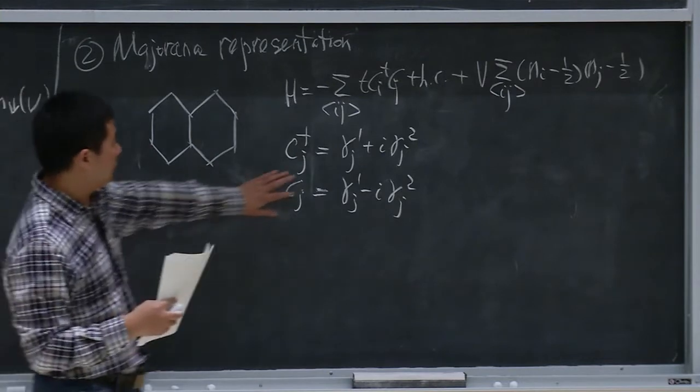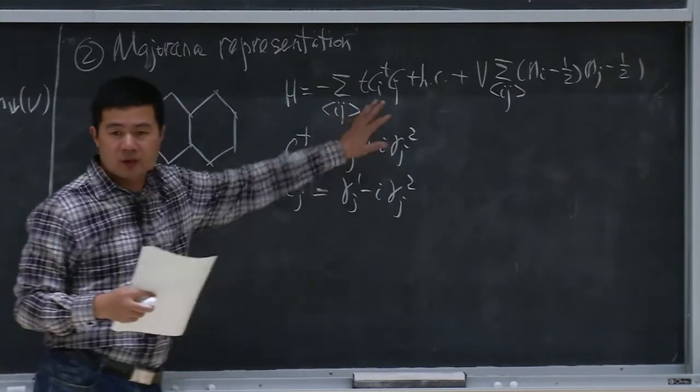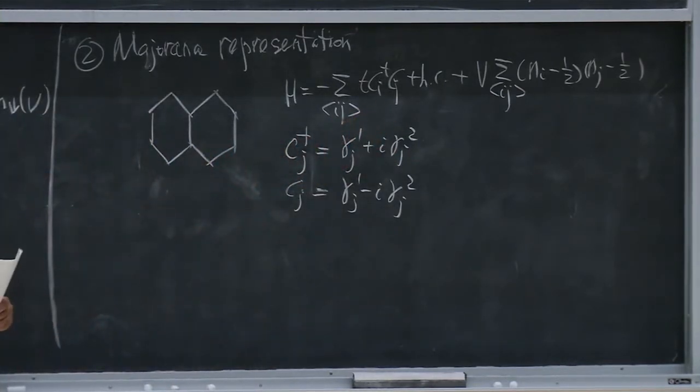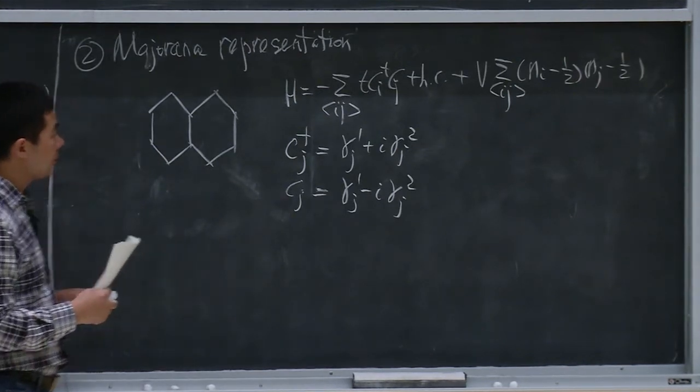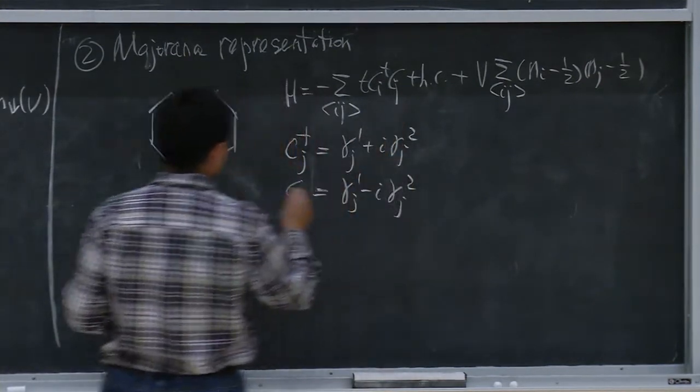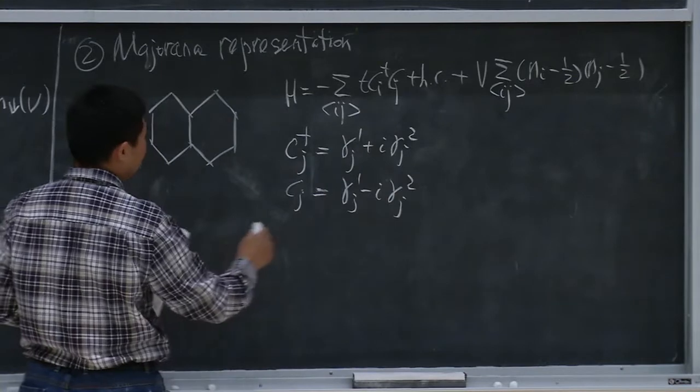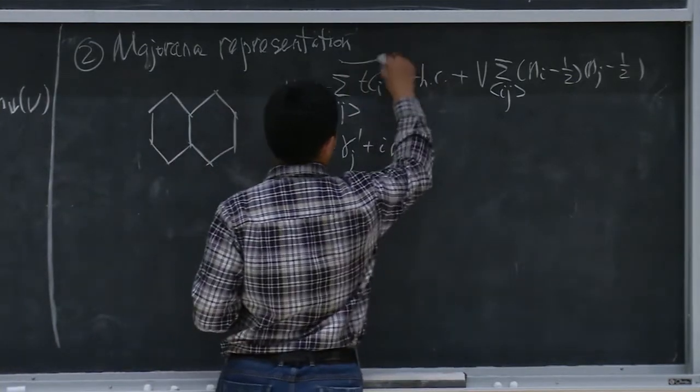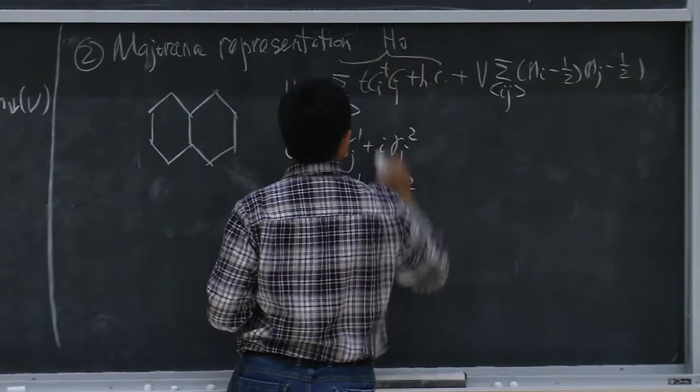Okay, so now we have indices 1 and 2. We call those Majorana indices, internal indices. And for this non-interacting part, we call it H naught.